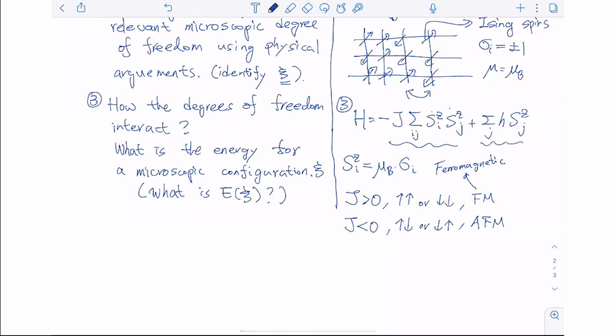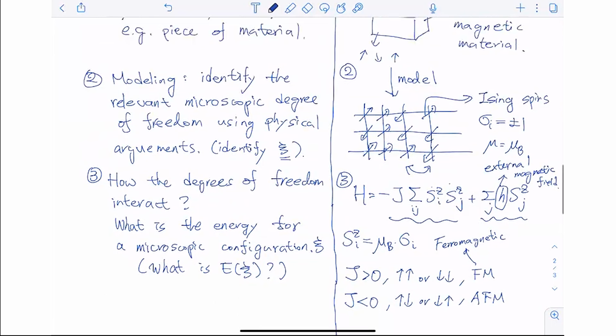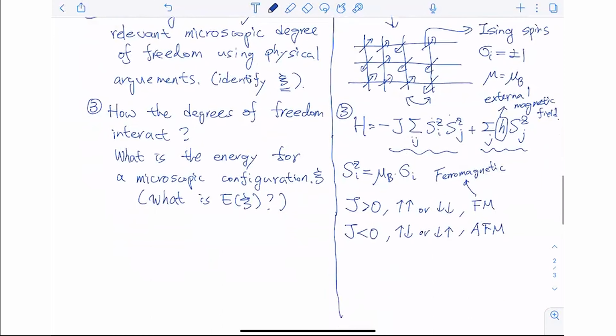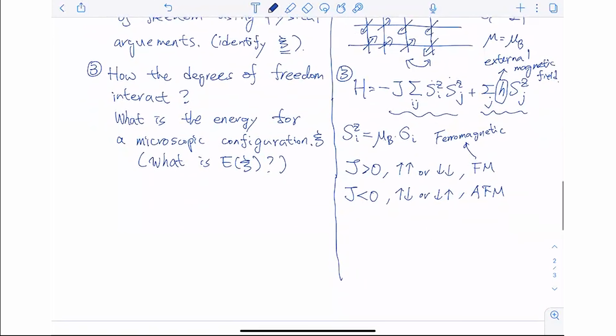And the last term basically is how these little degrees of freedom interact with external control. For example, this H corresponds to the external magnetic field. Okay. So usually that's the steps.